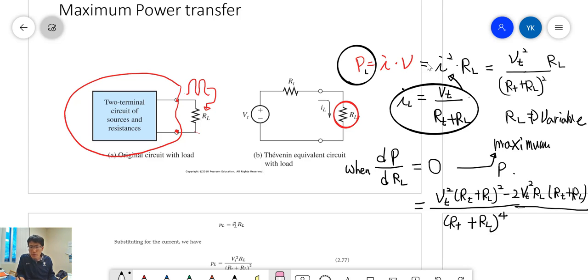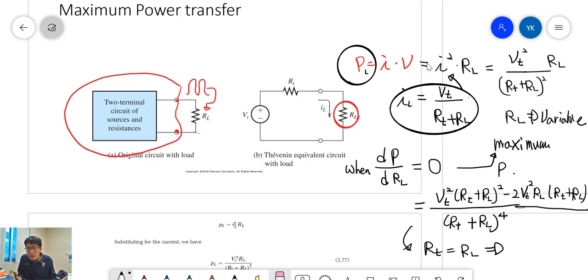When this value is equal, then P will get the maximum value. So this term will be 0. So based on that, we can calculate RT equal to RL, then this value will be 0.